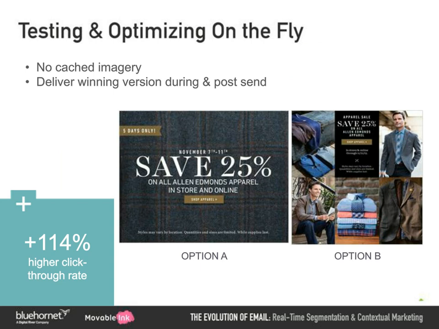Testing and optimizing on the fly. So as email marketers, we do A/B testing all the time. We test. Sometimes those results come back inconclusive, and we don't find anything worth changing, so we test again. Sometimes the results come back with alarming results.